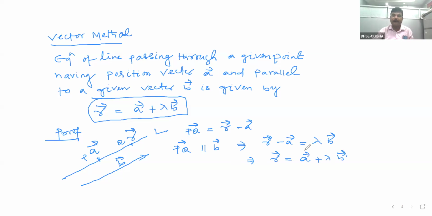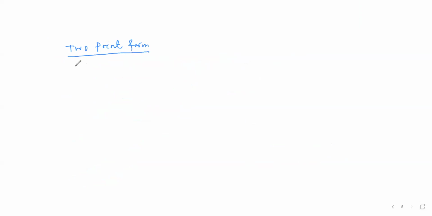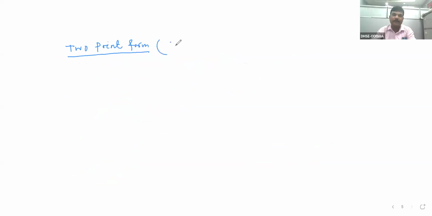Then come to the second form. Then come to two-point form. Equation of line, two-point form, vector method, Cartesian method.